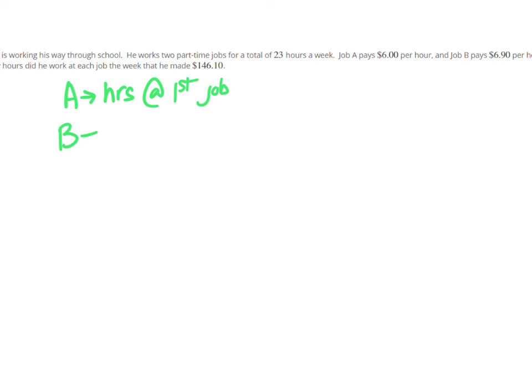And B is going to be the number of hours at the second job. He works 2 part-time jobs for a total of 23 hours. So between the A and the B, together that has to add up to 23 hours total. So there's one of our equations. A plus B is going to have to equal 23 hours.